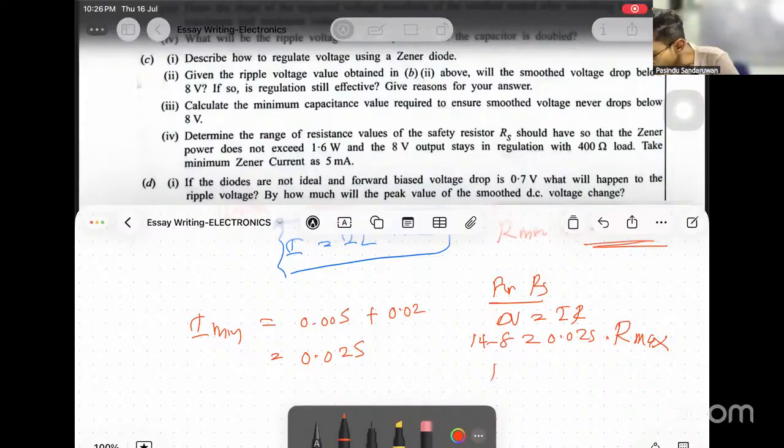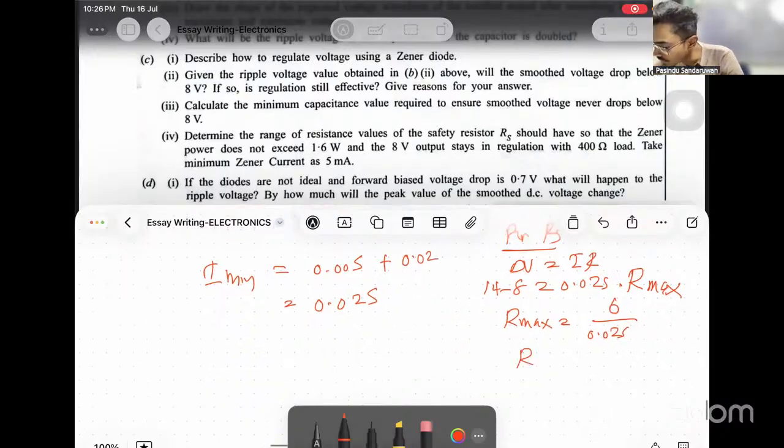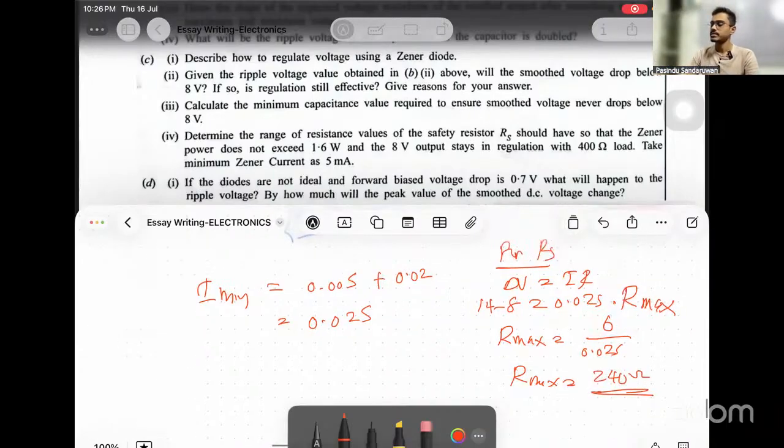Then R max equals 6 over 0.025. That is 240 ohms. That part is also done.